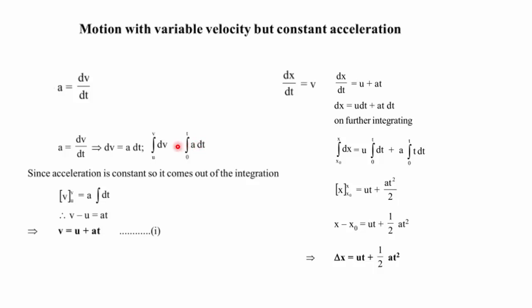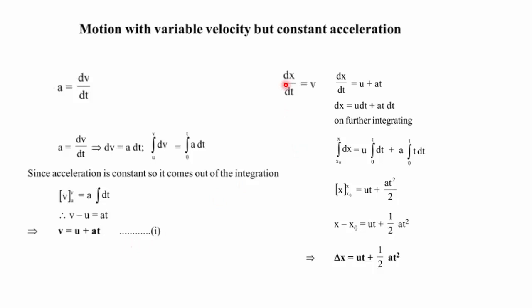Because a is constant, it can come out of the integration, and I integrate with limits u, the initial velocity, to v, the final velocity, as time goes from 0 to t. So I get v equal to u plus at. Here v is the final velocity, u is the initial velocity, a is the acceleration, and t is the time. This is a very important equation of motion, v equal to u plus at.